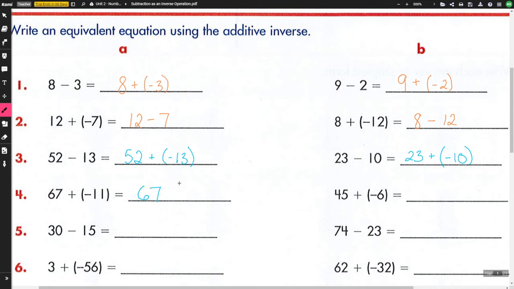I change that addition sign back to subtraction and change that negative 11 into a positive 11. Okay, 45 stays the same. I change that addition sign into subtraction and do the opposite of negative 6, which is positive 6.